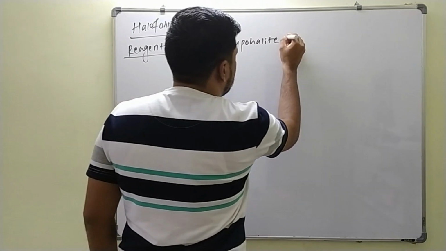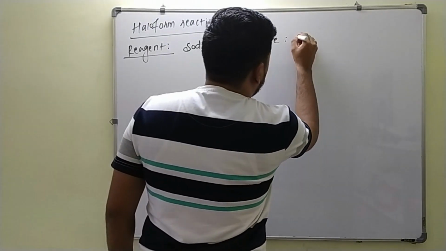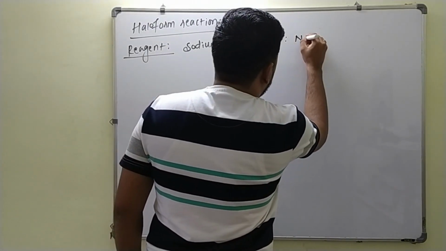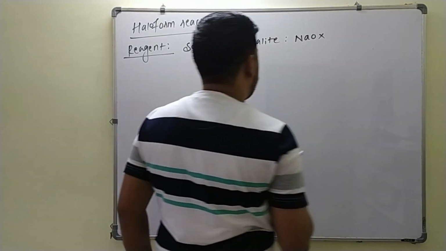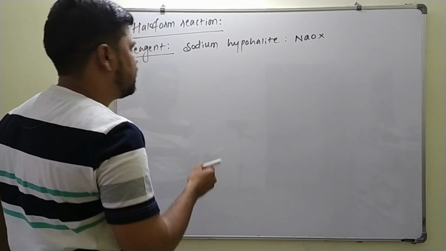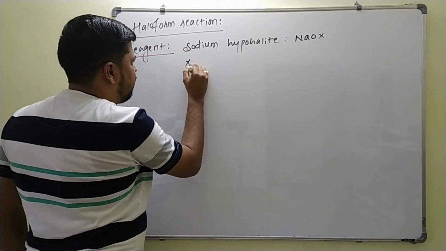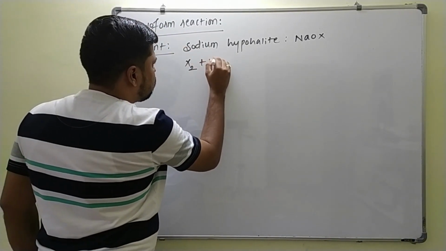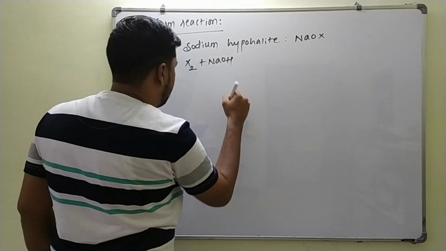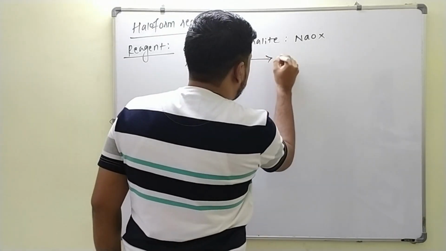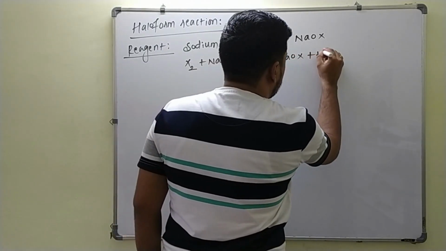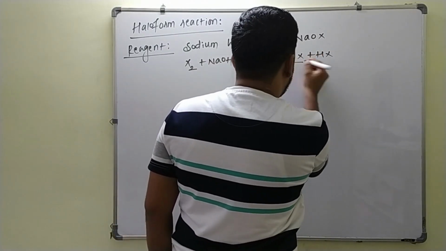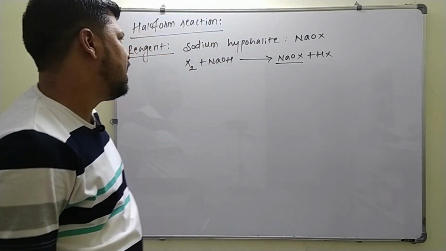That sodium hypohalite, in general, can be written as NaOX. It is prepared by treating a halogen with NaOH. For example, X2 on treating with NaOH will give sodium hypohalite NaOX plus NaX. So this is your sodium hypohalite.